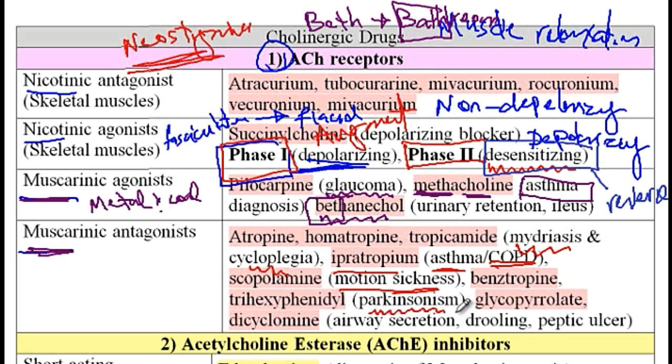For instance, both of these medications can help with the resting tremor in patients with Parkinson's disease. Other classes of medications are glycopyrrolate or dicyclomine, which if you use parenterally, will decrease the airway secretions. On the other hand, if you use them via the oral route, then it would decrease drooling and help prevent peptic ulcer.